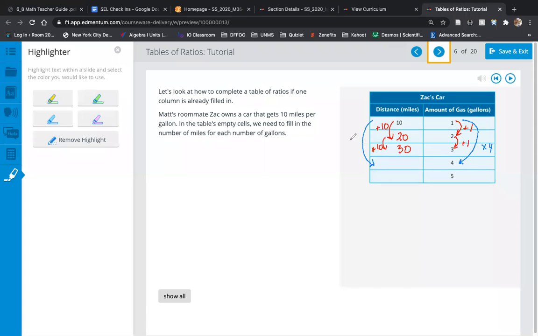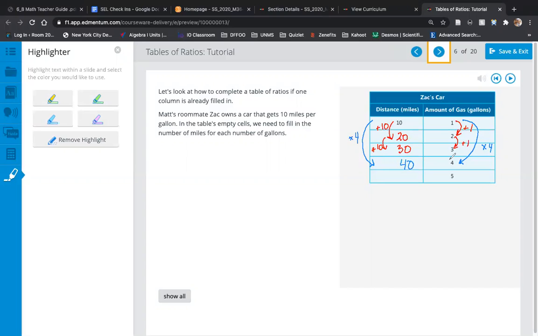So I'm going to multiply the 10 by 4. So 10 multiplied by 4 gets me to 40. And you can see that you would end up with the same result if instead of multiplying, you were to just add. So if I said, okay, 30 plus 10, that gets me to 40. Right, so the plus 10 is easier for a small table like this.